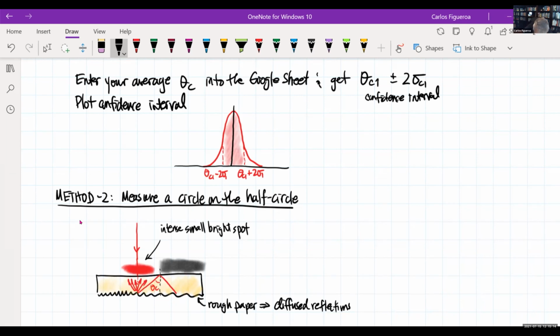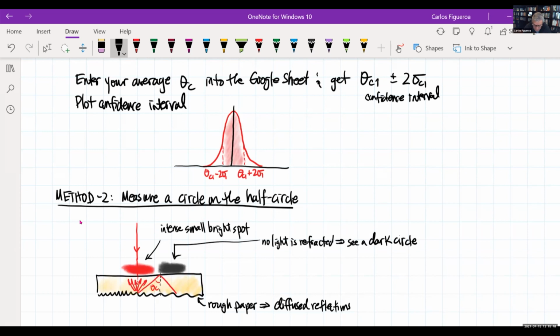And then what you're going to find is that in this spot right here, no light is refracted. So therefore, this implies that you see a dark circle.